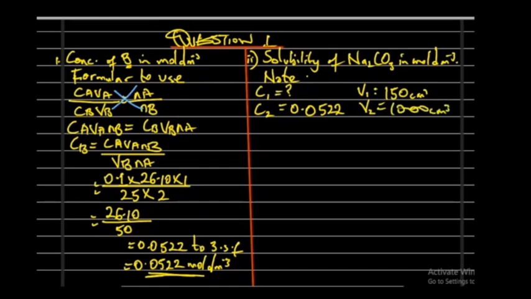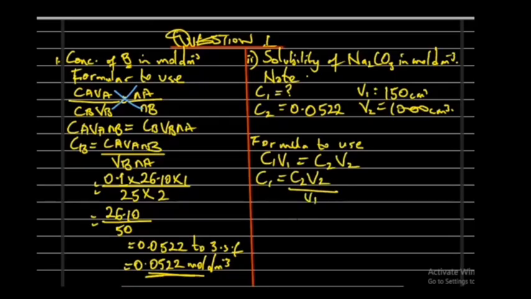So using this information now, the formula to use, we'll be using C1V1 equals C2V2. We're looking for C1, so let's make that subject of the formula. So this gives us this here.